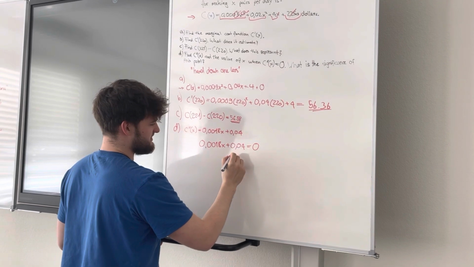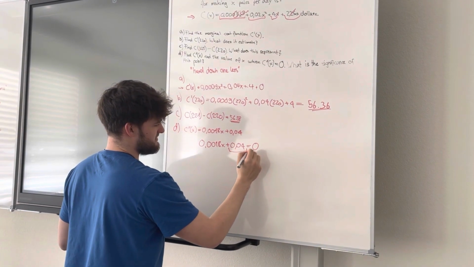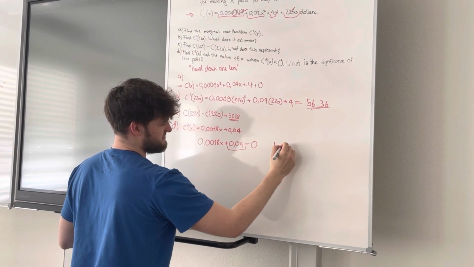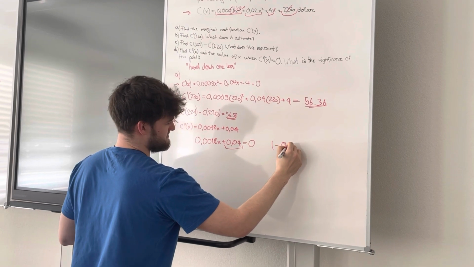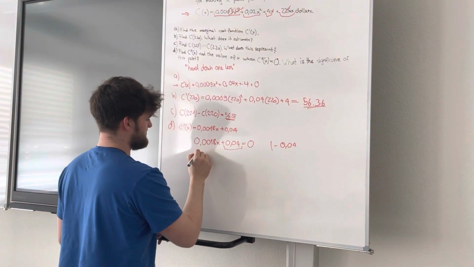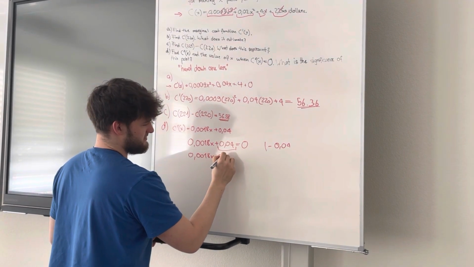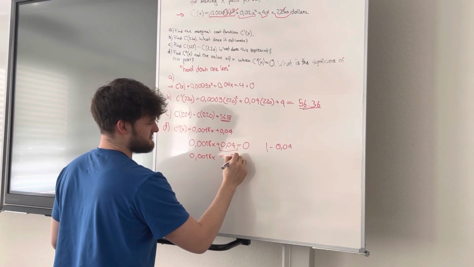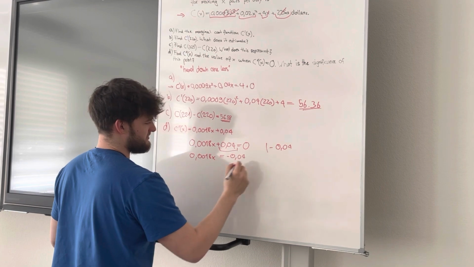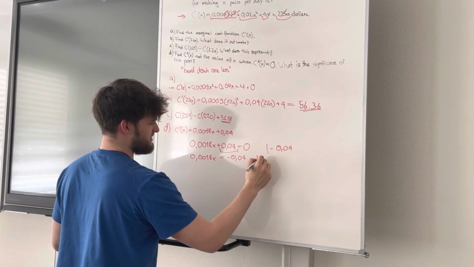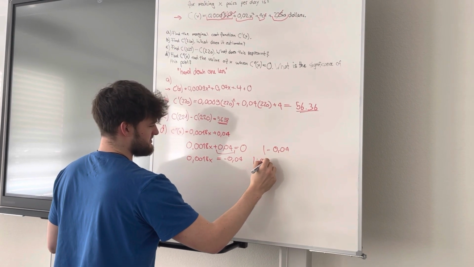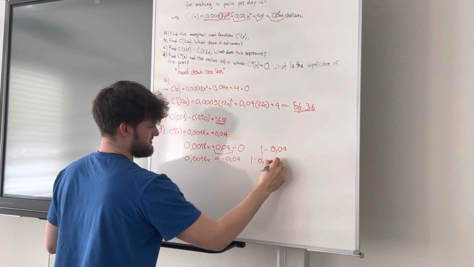And now we solve it for x. So first we take this part here and just minus 4. And now we have equals to minus 4. Now we have to divide by 0.008.